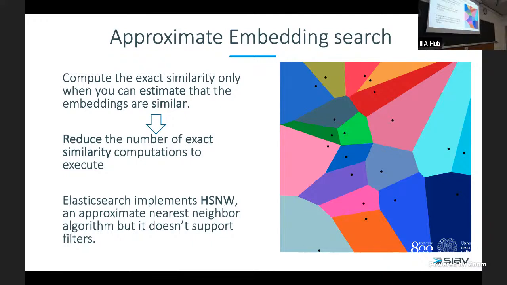The way that Elasticsearch indexes the documents is by using one of these approximate algorithms called HNSW, which, by the way, I believe is the state of the art in this field. However, it doesn't implement the ability to filter such results, due to some difficulties in implementation, and they don't really know when they'll be able to include this feature, so we are not able to use their solution.